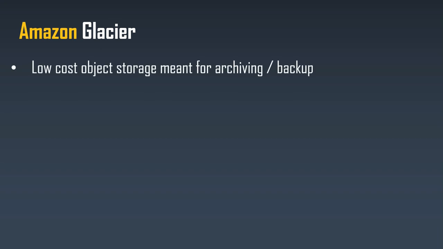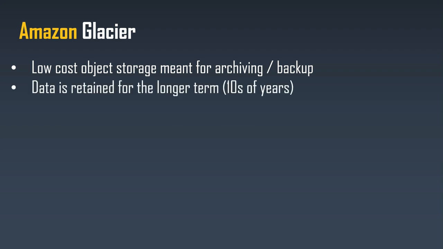And then we have Amazon Glacier. Glacier is going to be more around archive. Glacier's cold, so think cold archive. It's a low-cost object storage, meant really for archiving and backups, where the data needs to be retained for a very long time. So we are talking about tens of years to retain the data in Glacier.